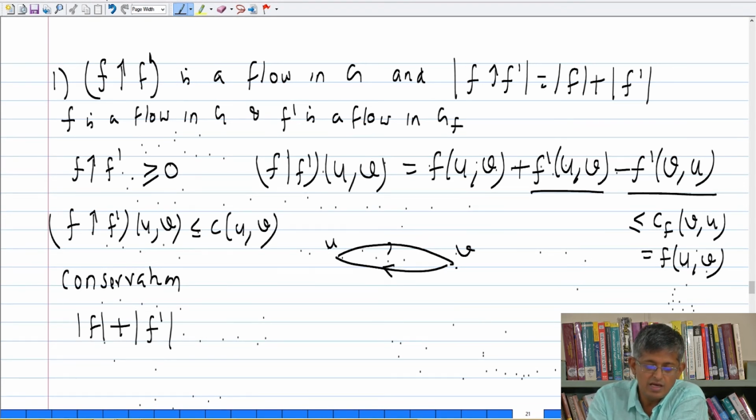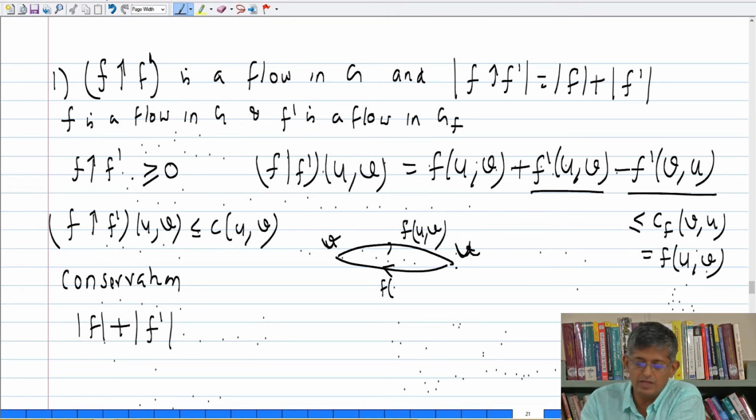You have uv. If you have a flow of f, then the capacity of this edge would have been f of v comma u, right, sorry, let me rename this correctly. The capacity of this edge would have been f of u comma v.